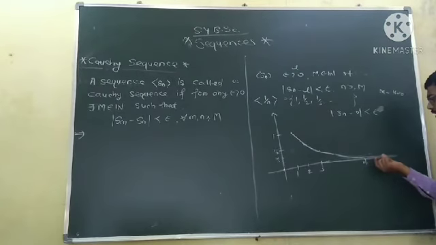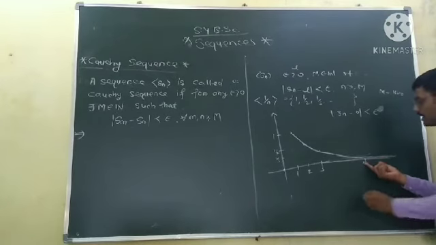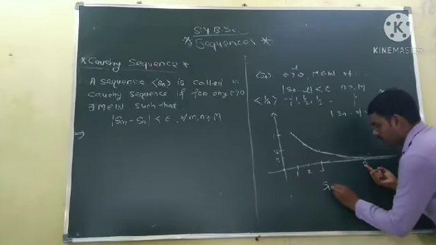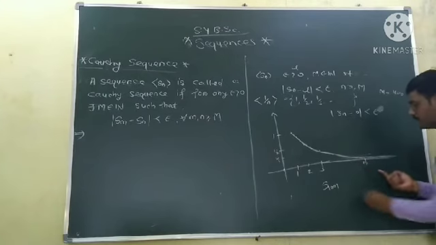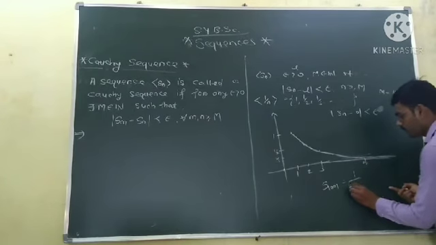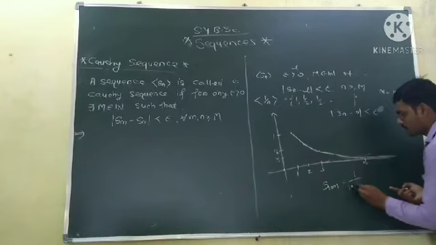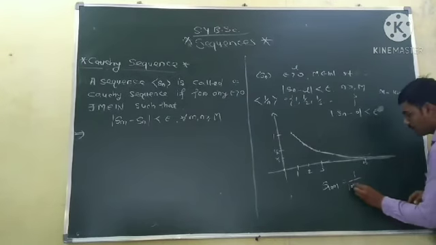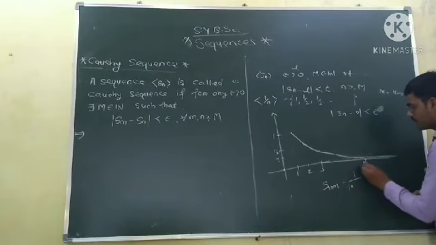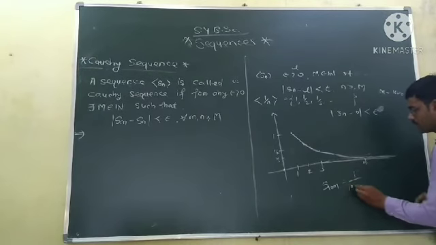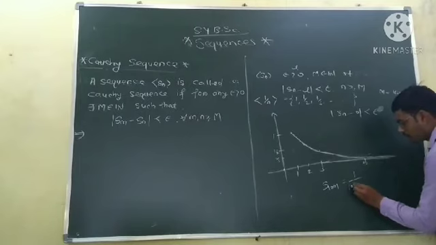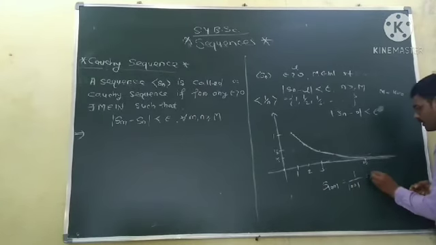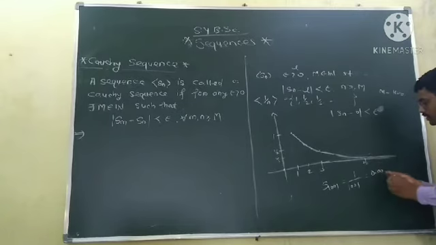Suppose m is 1000. Then the 1001st term will be 1 upon 1001, which is 0.001 something, very small.